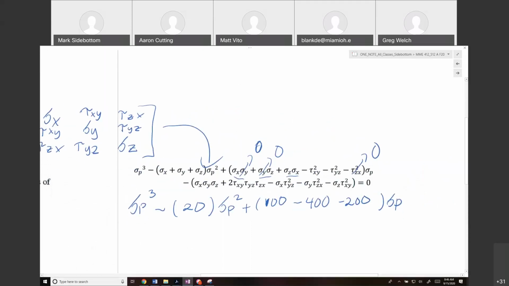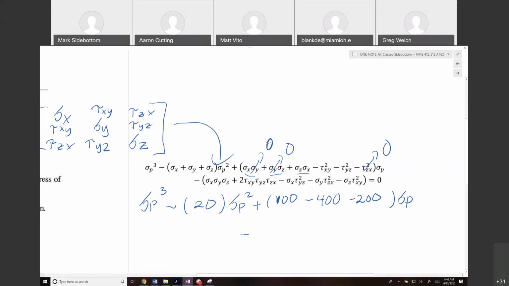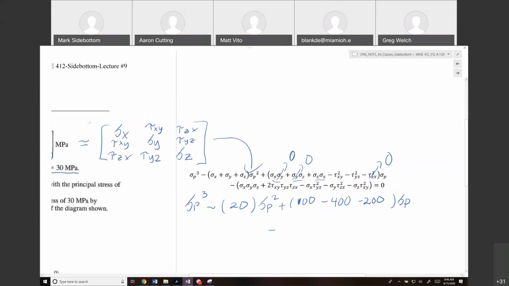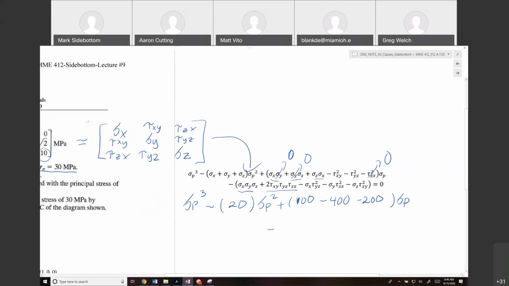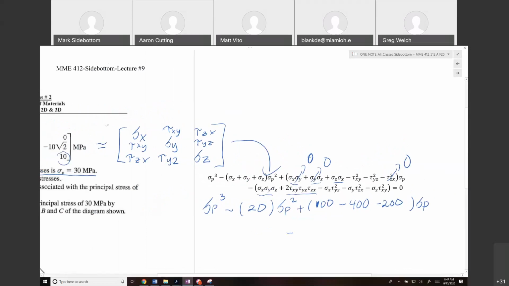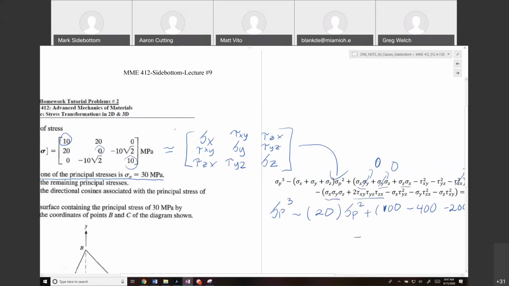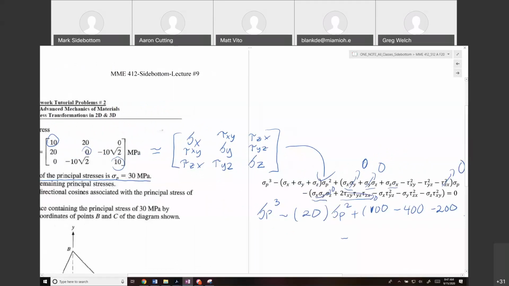Then the last term is the products of all of our normal stresses, minus 2 times the products of our shear stresses, plus some other additional terms. A lot of these terms have a 0 within them, so we can get rid of them, and we only end up having 2 terms.